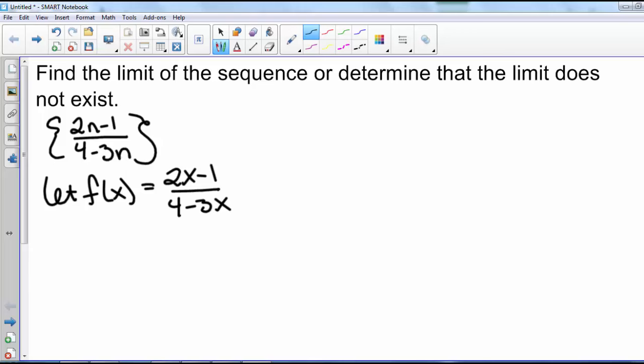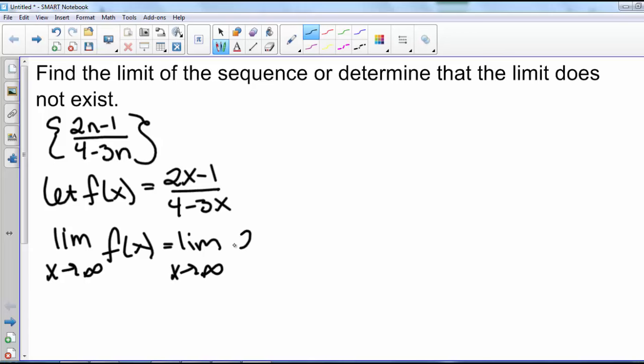And now we take the limit of our function. So the limit as x goes to infinity of f of x, which is the limit as x goes to infinity of 2x minus 1 over 4 minus 3x. And here we see that the leading term in our denominator is x.